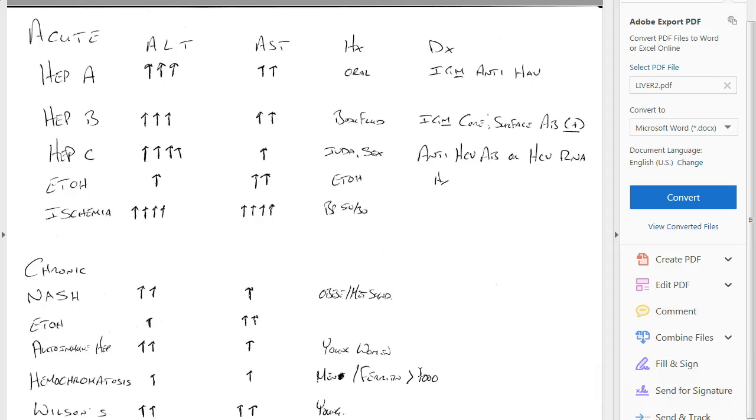And the third, iron panel. You will see anemias, and especially those that deal with disorders of iron, go hand in hand with the liver. That's why we put this stuff together, comboed it together. So you'll typically see a ferritin greater than 1,000.